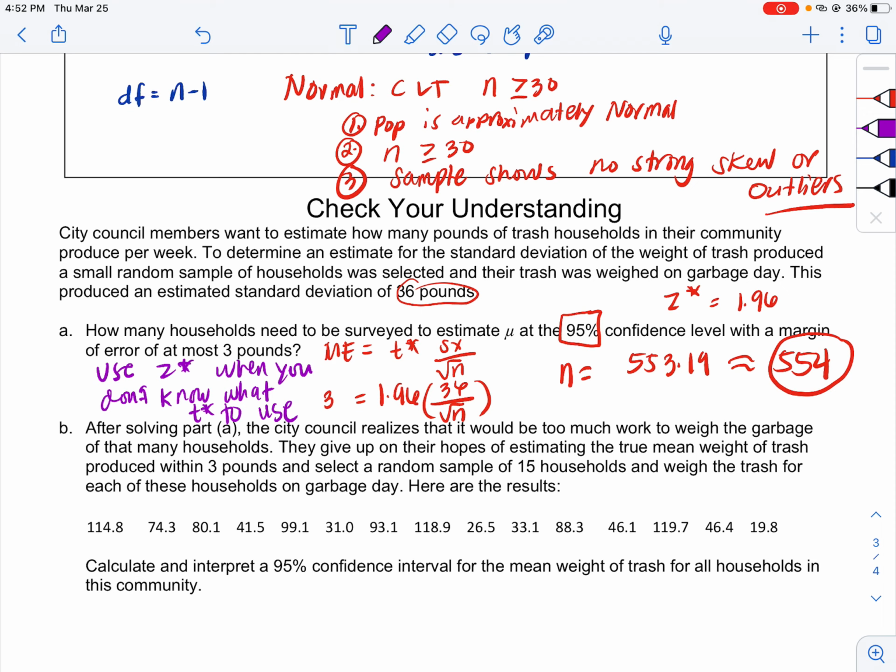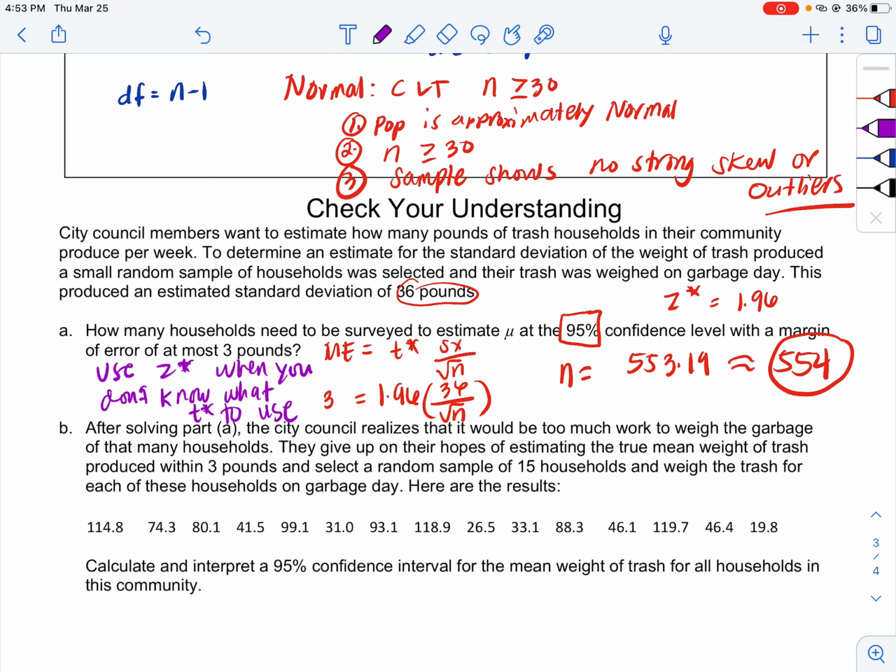There you have it. After solving Part A, the City Council realized that it would be too much work to weigh the garbage of that many households. They gave up on their hopes of estimating the true mean weight of trash produced within 3 pounds and select a random sample of 15 households and weigh the trash for each of these households on garbage day.